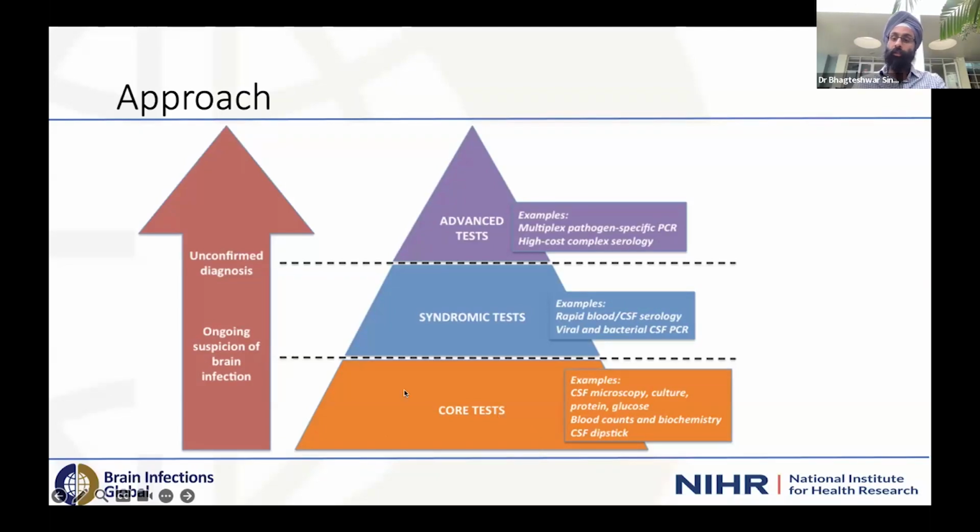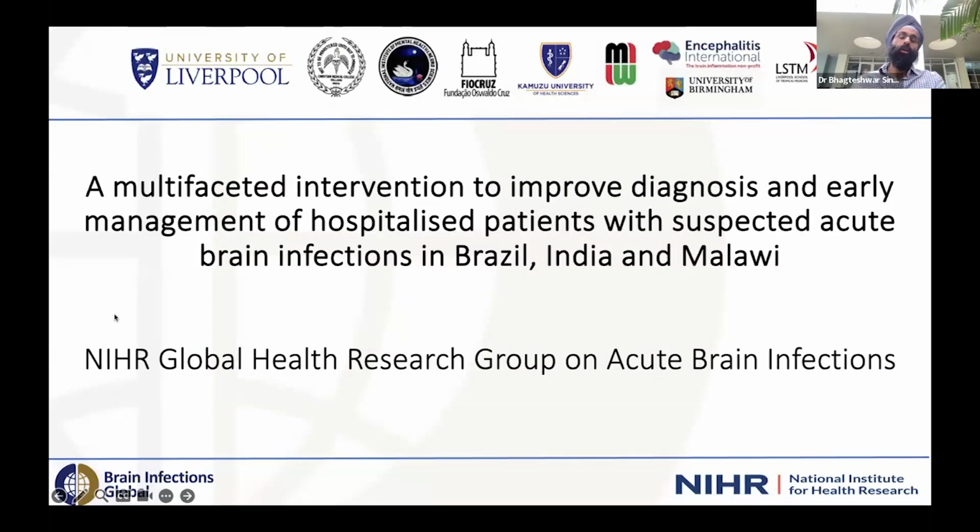And then depending on whether you find an answer using those tests and your availability, then you can perhaps use tests that are maybe a bit more expensive, a bit less available, and might look for a broader range of pathogens. And then you get to higher cost and more advanced tests that might not be available everywhere. And sometimes the patient will need to move for those.